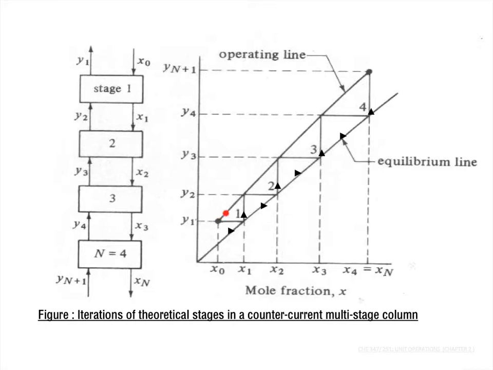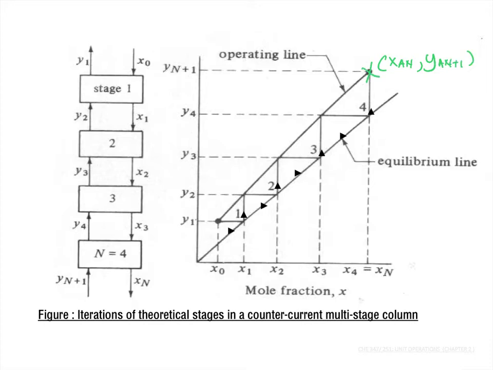For the gas absorption column or absorber that we are dealing with here, one point comes from the bottom and the other comes from the top. So if we label the coordinates, this would be the coordinates for XAN and YAN plus 1.